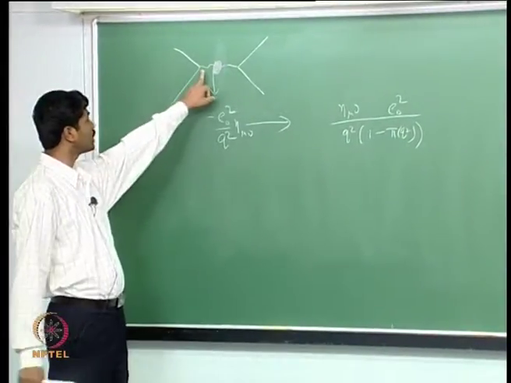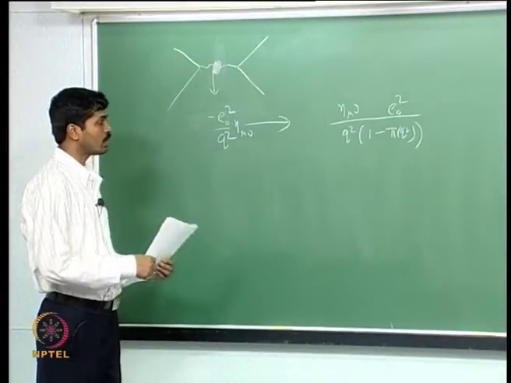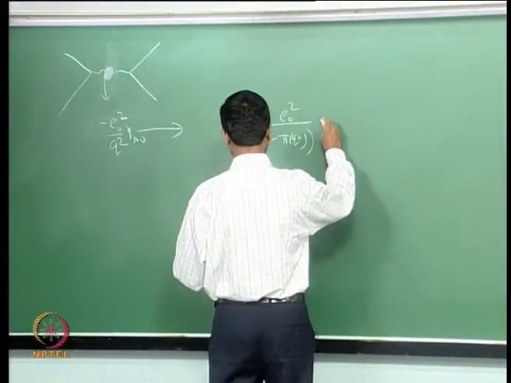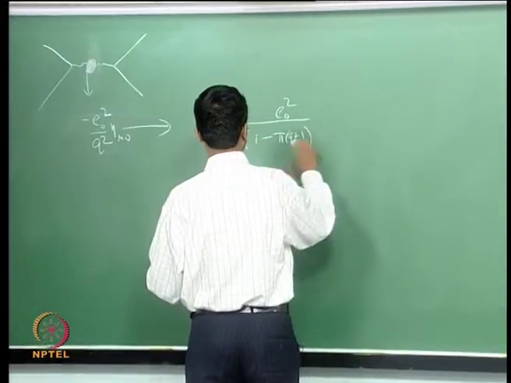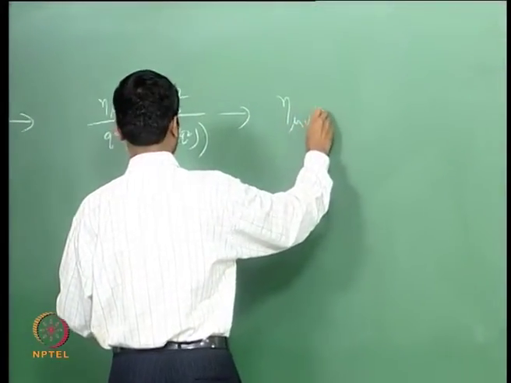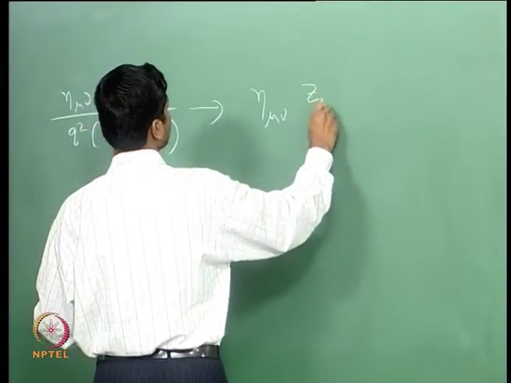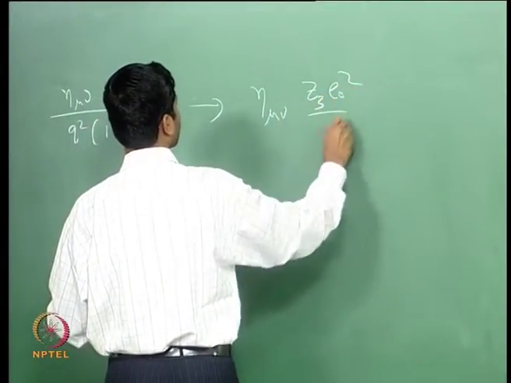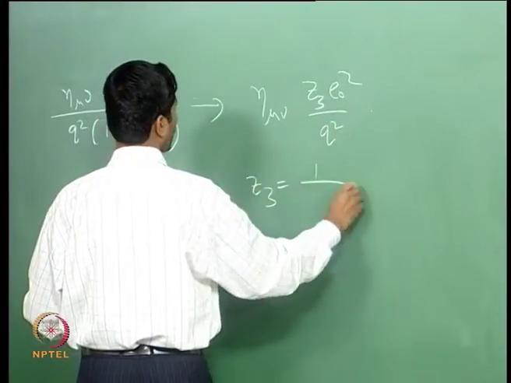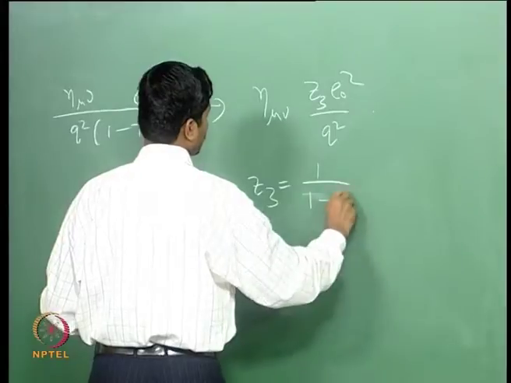Suppose this is a low energy photon, the virtual photon is low energy, then you can say that this is merely given by eta mu nu times some z3 e0 squared divided by q squared, where z3 is given by 1 over 1 minus pi of 0.